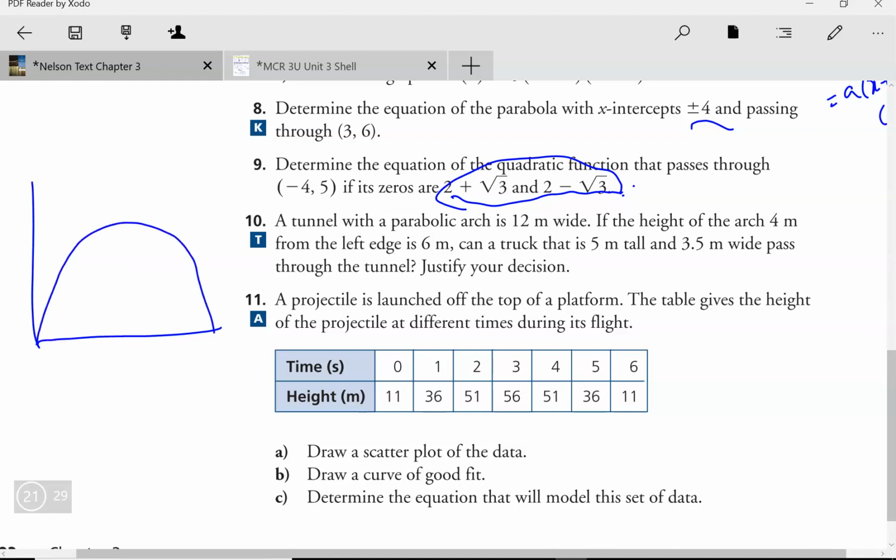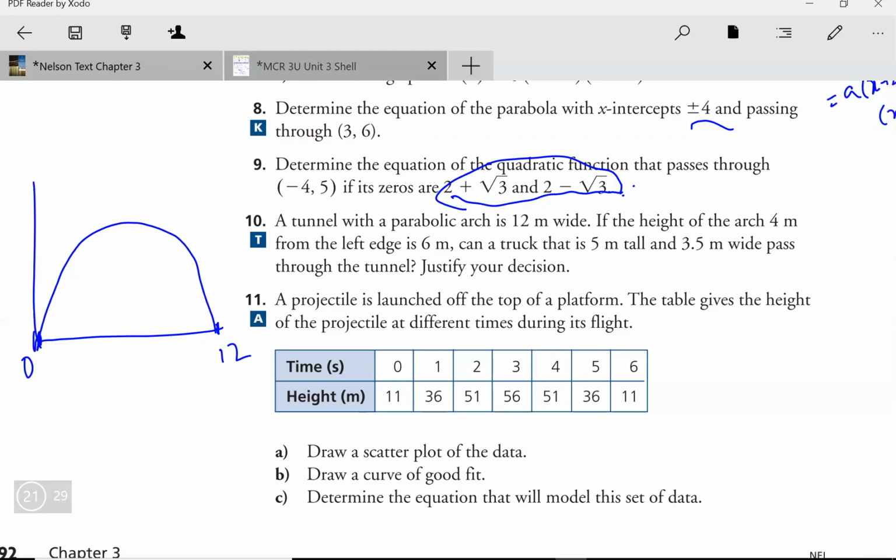We'll draw this arch. We'll say that the roots here are 0 and 12. And maybe I didn't stress this enough when I was doing the chapter. That's generally how we want to treat bridges and arches. If we're given how wide it is, we fix one end at 0, and then the other end is 12. Technically, you could do anything you want. This is just the easiest method.